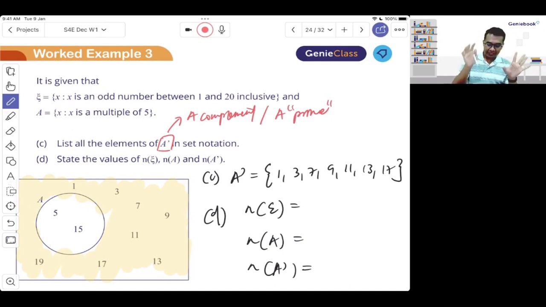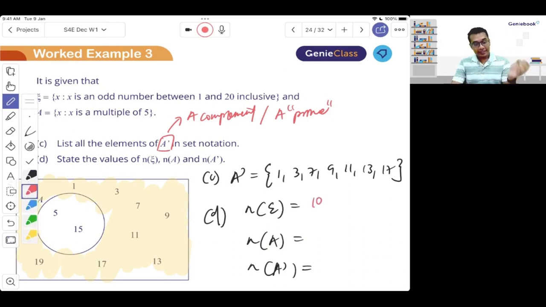So I've got 10 elements in total in the universal set. In set A, very simple, just 5 and 15, so it's 2 elements. In A complement, you actually don't need to count. You can just take the universal set, number of elements is 10, minus set A, number of elements is 2, so you should be left with 8. But if you do count 1, 3, 7, 9, 11, 13, 17, that's 8 elements in total.